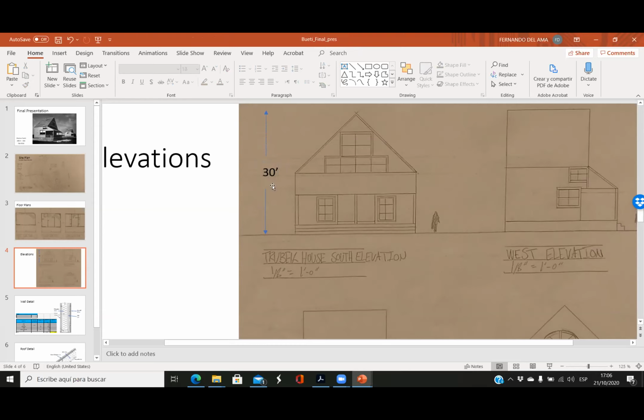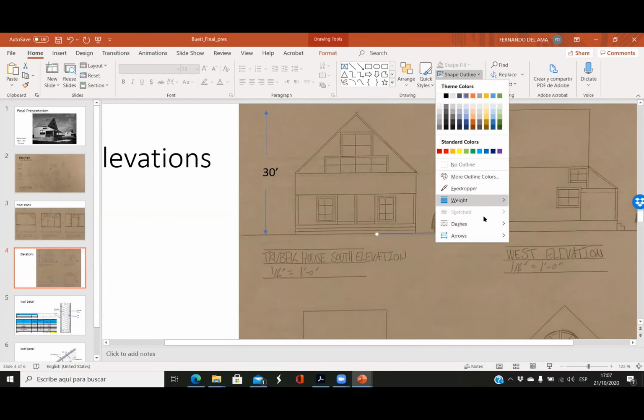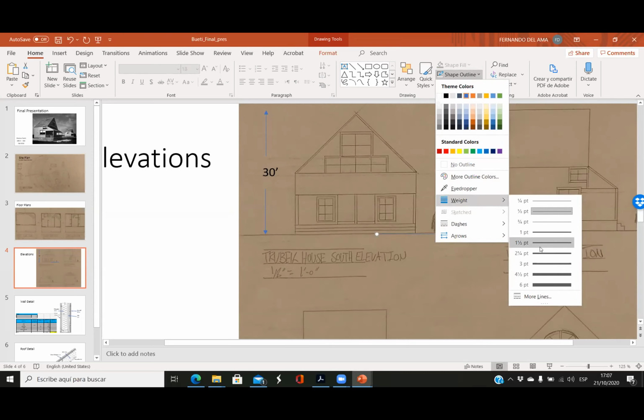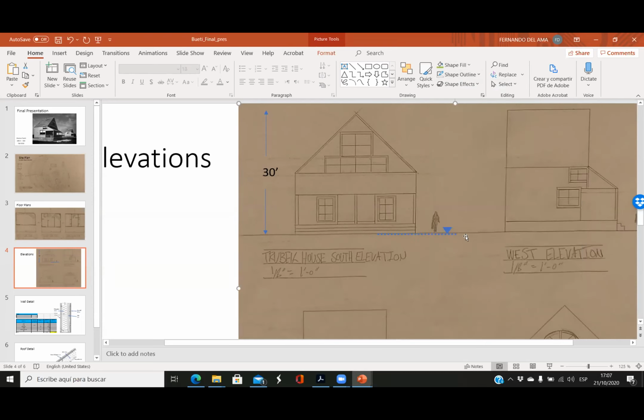And then there's another good way to work with elevations. We can work with levels. Levels are triangles. These triangles are useful because we can work with a dashed line here, for example, like this.